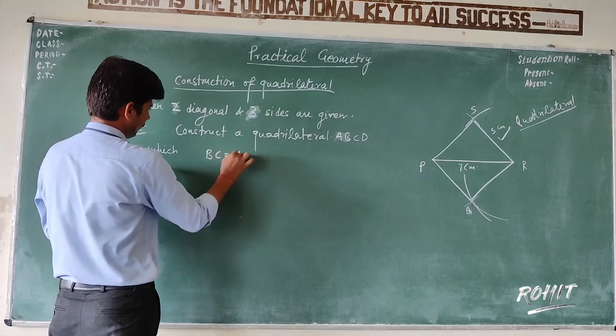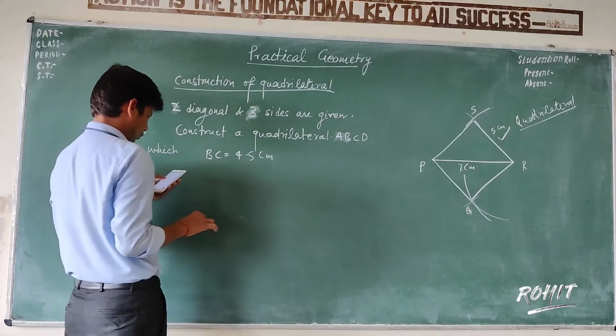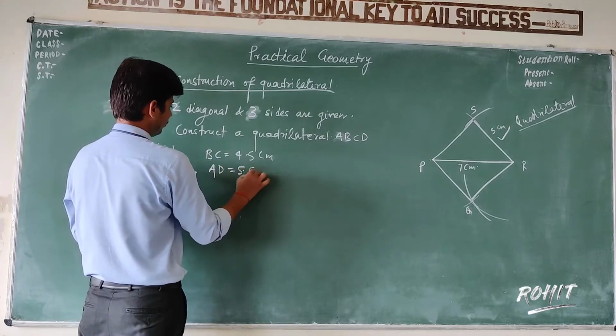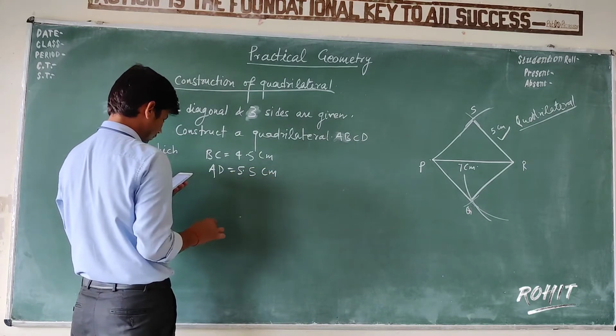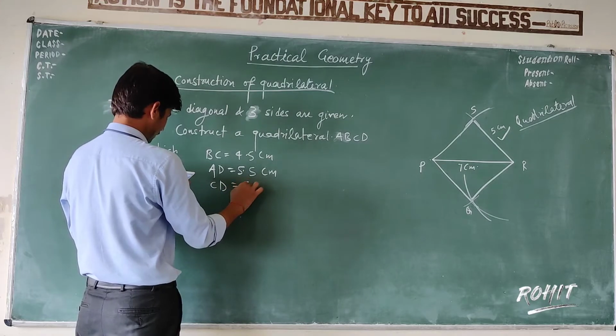AB is 4.5 centimeter, BC is 4.5 centimeter, AD is 5.5 centimeter, CD is 5 centimeter.